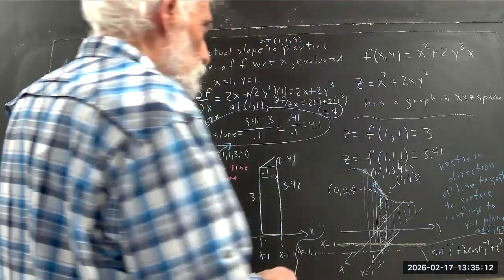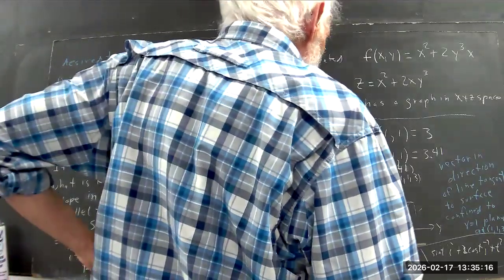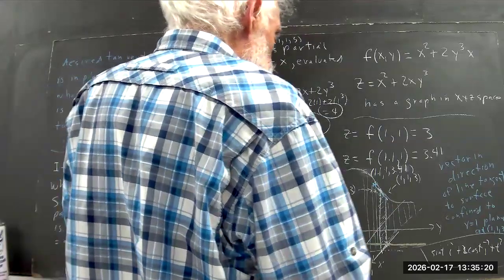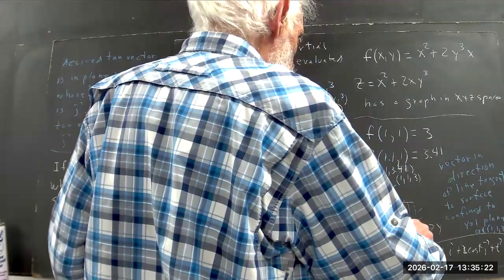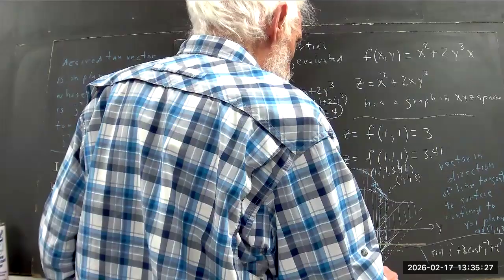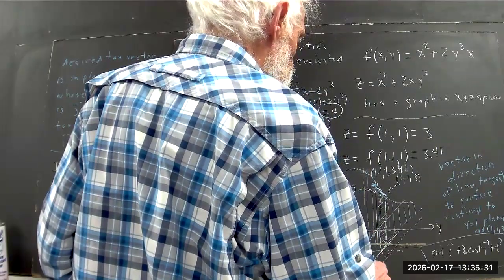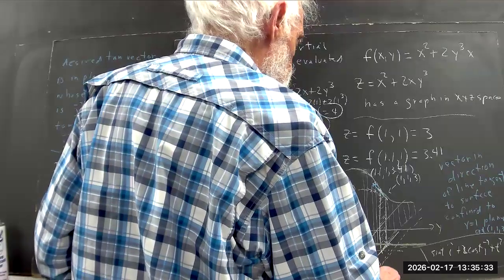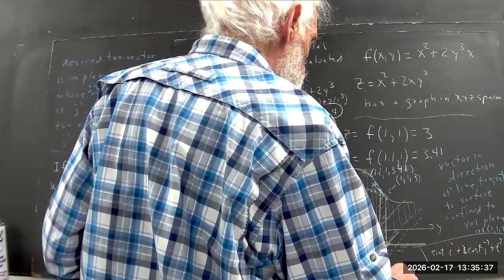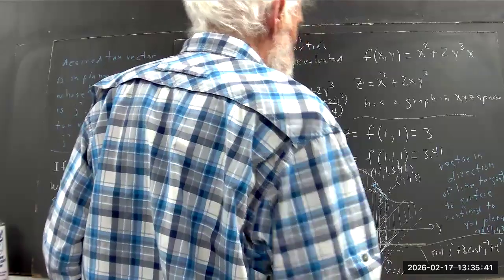So here's the x equals 1 line again. Now, what if we came out to the plane, okay, here's the plane y equals 1. Here's the plane y equals 1.1.